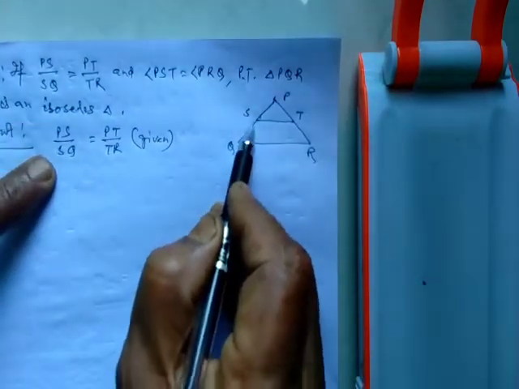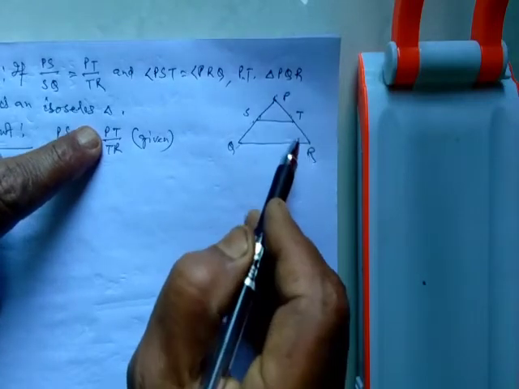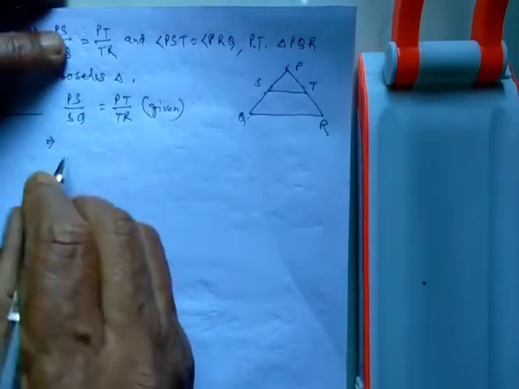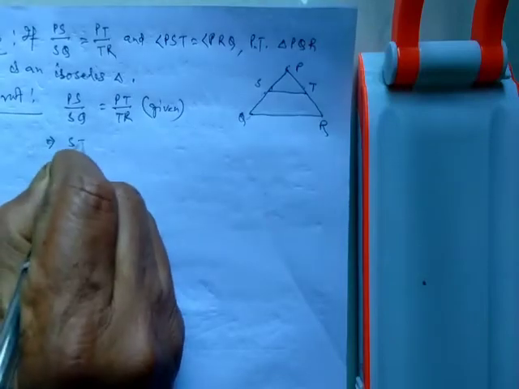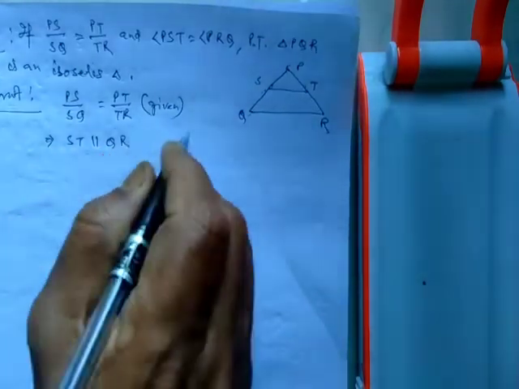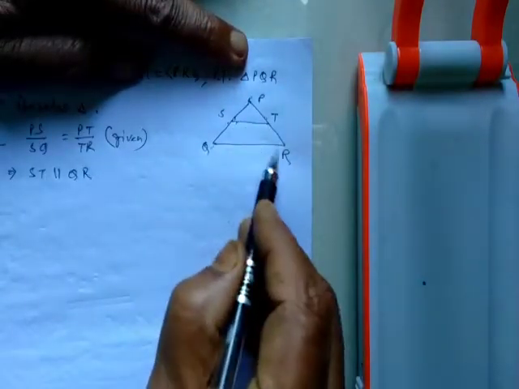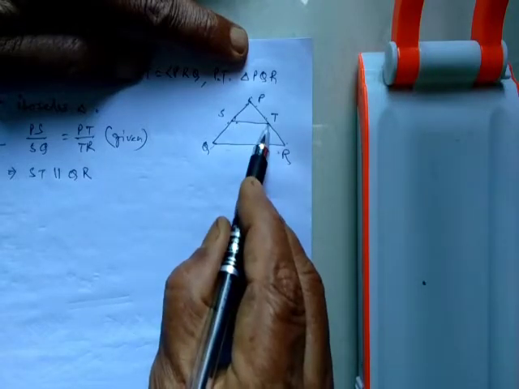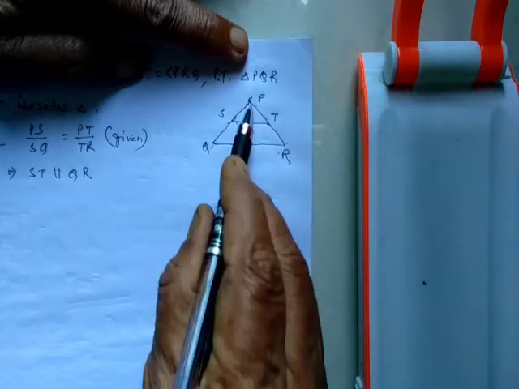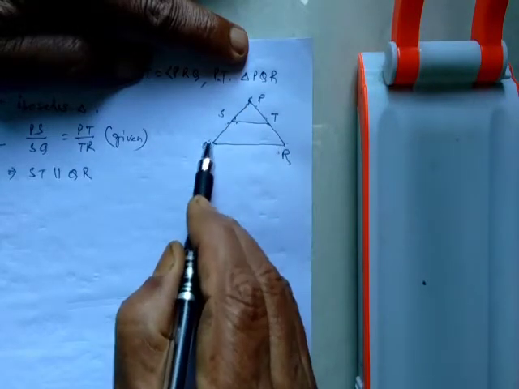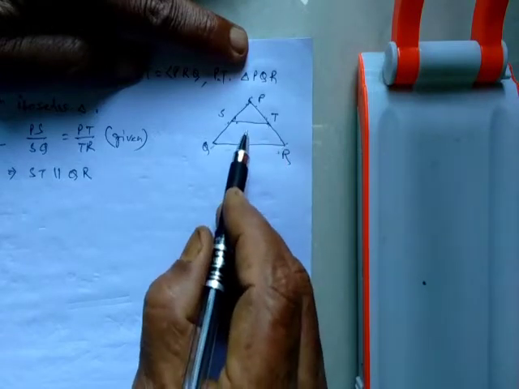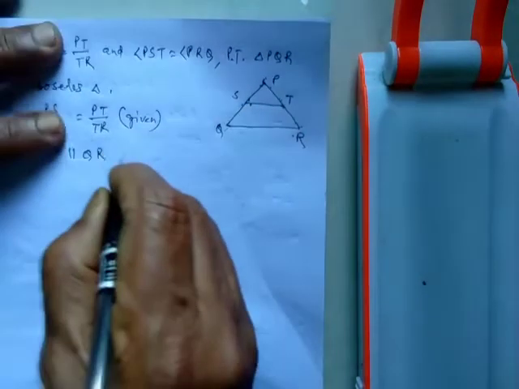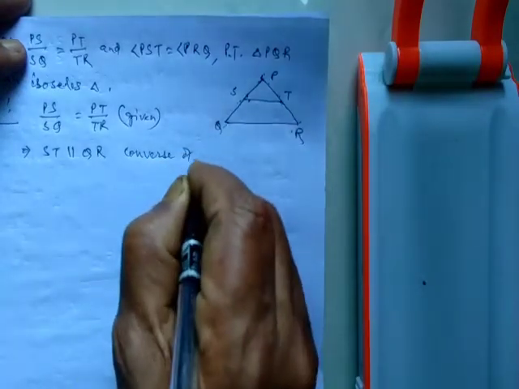According to Thales theorem, this implies ST is parallel to QR. If a line intersecting any two sides of a triangle divides the other two sides in equal proportion, then ST is parallel to QR. This is the converse of the Thales theorem.